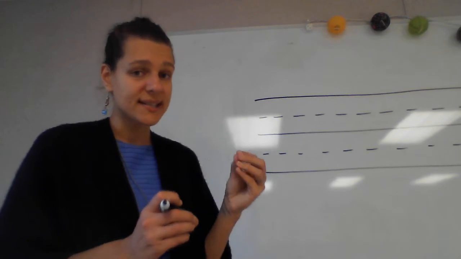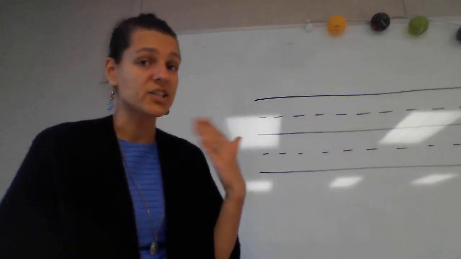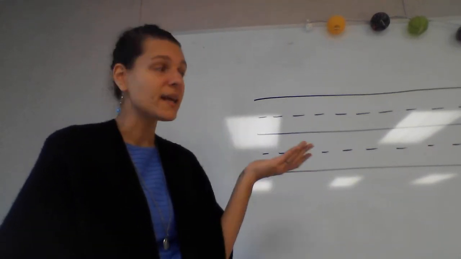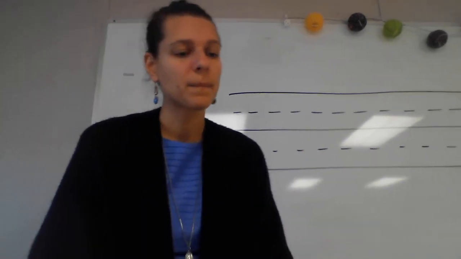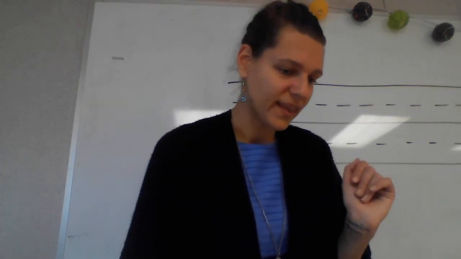All right, so my capital S is a clock letter, just like lowercase s is a clock letter as well. So it's formed the same way, except that it is tall.